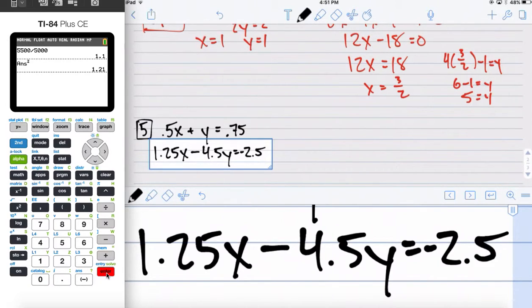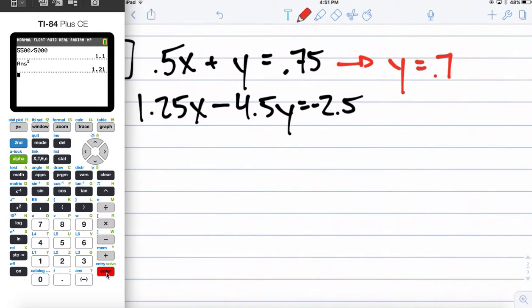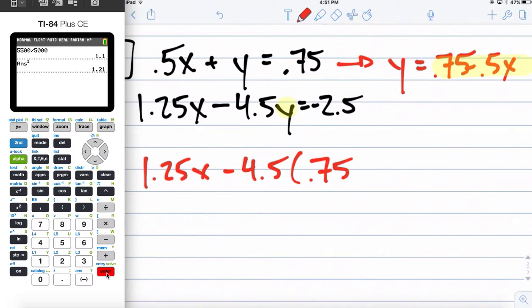So again, substitution. The easiest thing would be to take this first one and use substitution there. So y is equal to 0.75 minus 0.5x. Take that right there and plug it in there. So I've got 1.25x minus 4.5 times (0.75 minus 0.5x) equals negative 2.5.